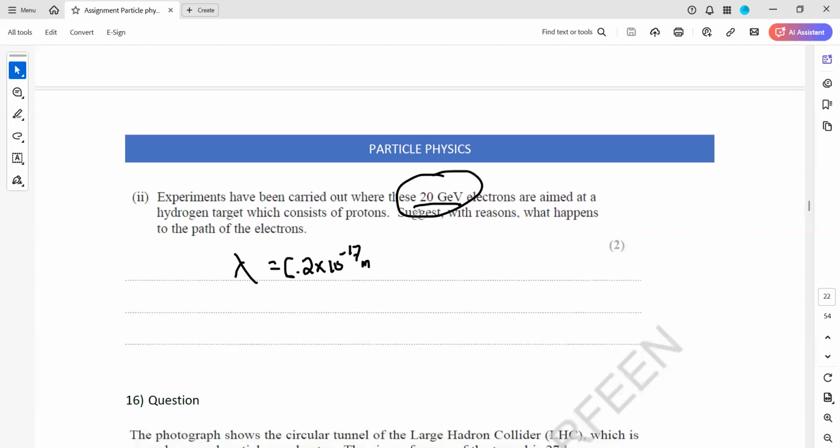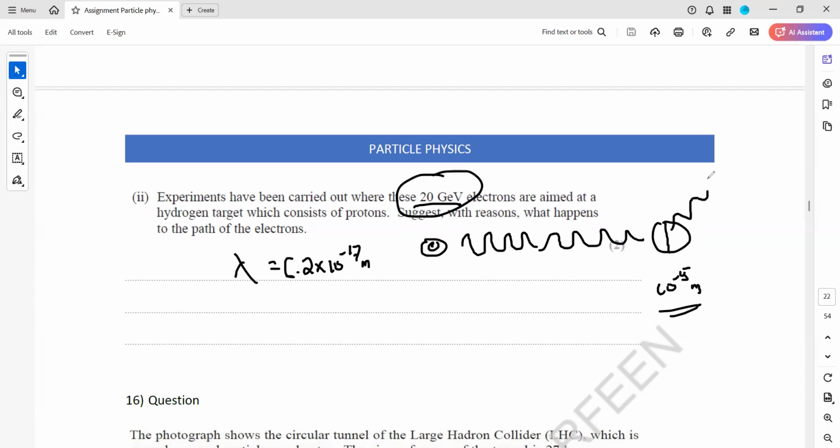The size of the nucleus of an atom is in the range of a femtometer, 10^-15 meter. And the electron is not behaving like a particle, the electron is behaving like a wave. So when a wave passes through a gap, what will happen? It will diffract. So we'll observe a diffraction pattern.